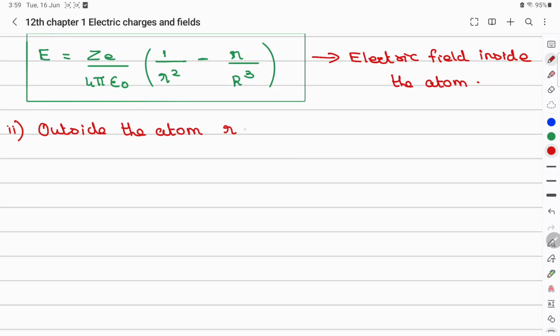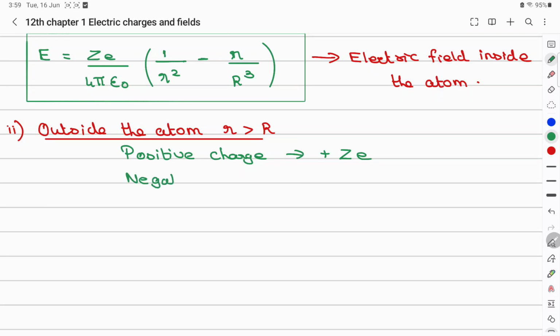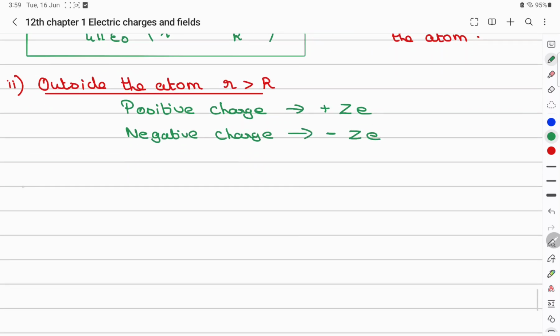Outside the atom means r is greater than R. Here the positive charge is represented as plus Ze, and the negative charge is minus Ze, so the total charge enclosed will be equal to 0.